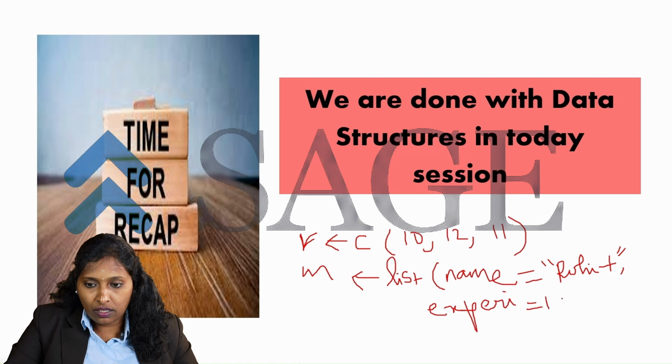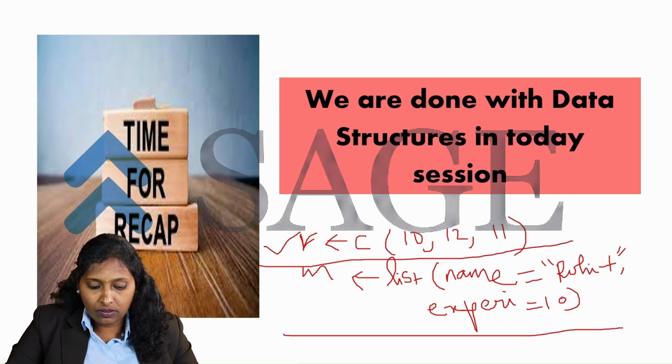So closing here, identify the data structure. You have to identify what data structure is this and what data structure is this. You can also execute and get to know. By this time, I hope that you could remember the first one is nothing but vector and the second one is nothing but list.